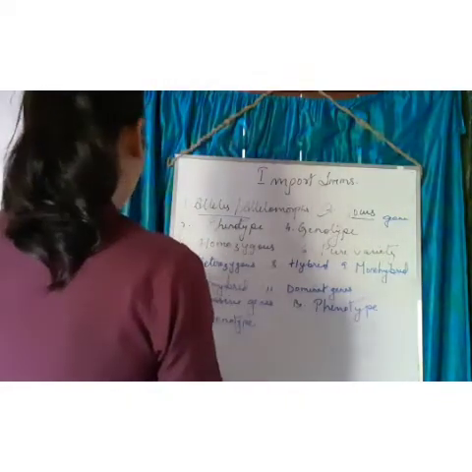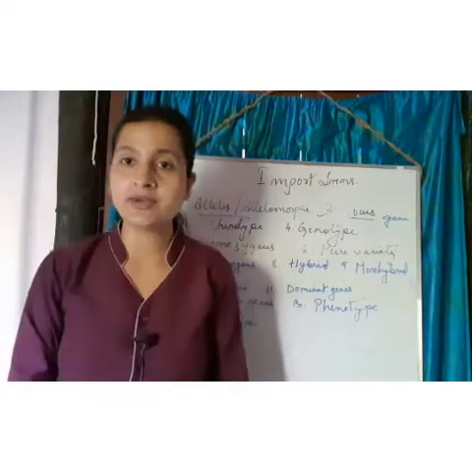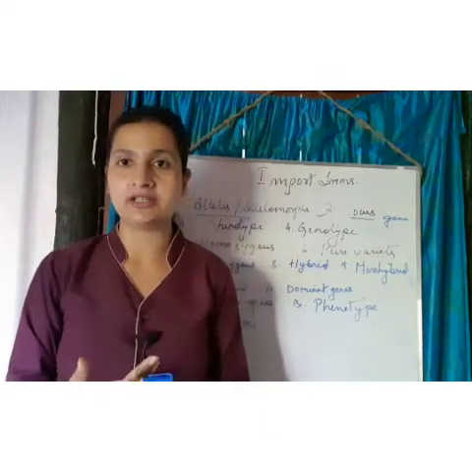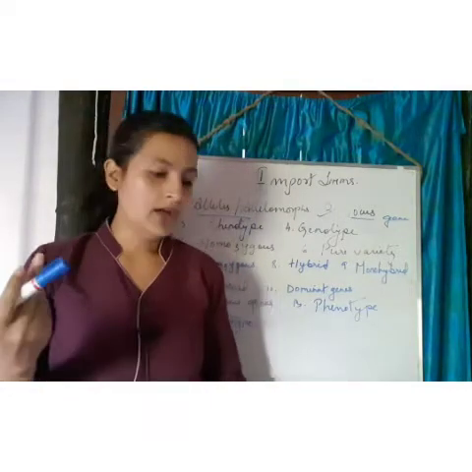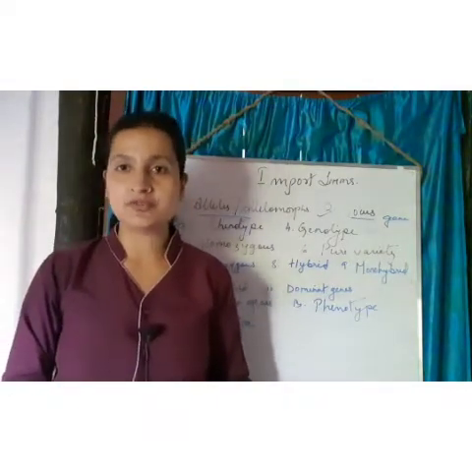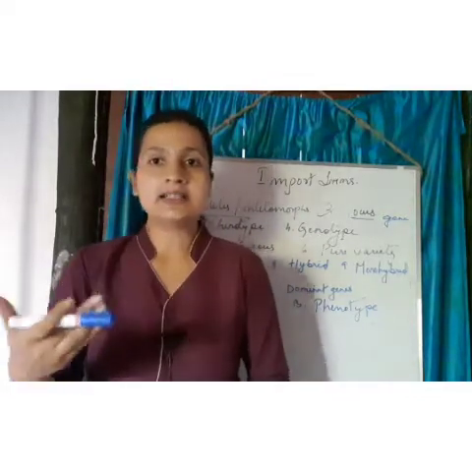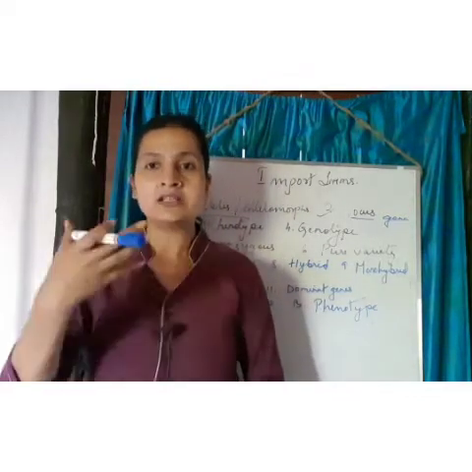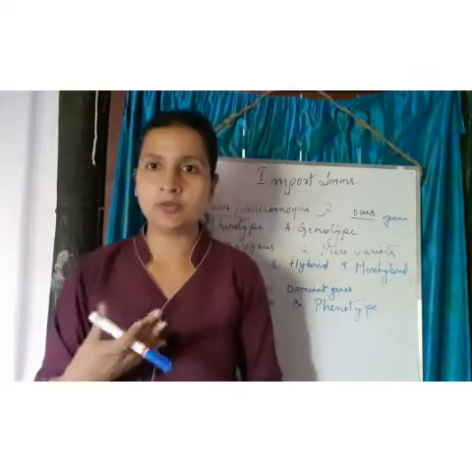Then comes phenotype. Phenotype means the external appearance of a progeny or of an organism due to the influence of genes. Now what does external appearance mean? It means how an organism looks. Say, for example, let me give an example of myself: how do I look, how are my eyes?